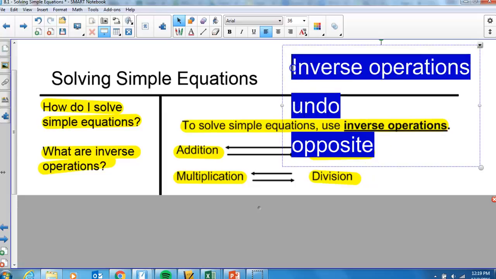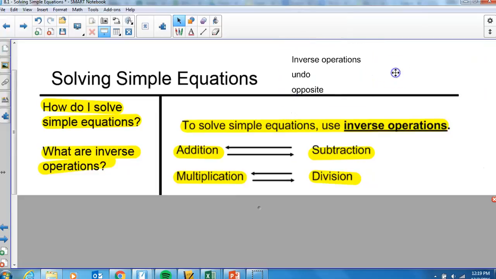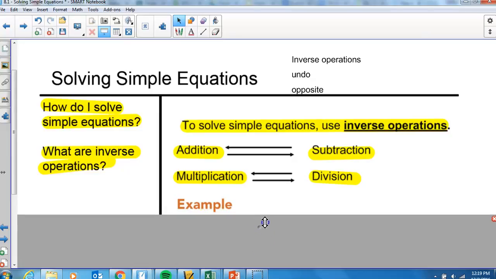So these 3 phrases, inverse operations, undo, and opposites, represent 3 different words that mean the same thing in terms of solving equations.